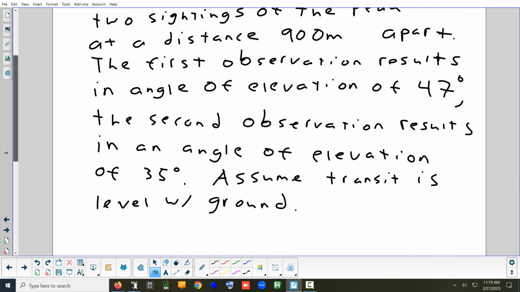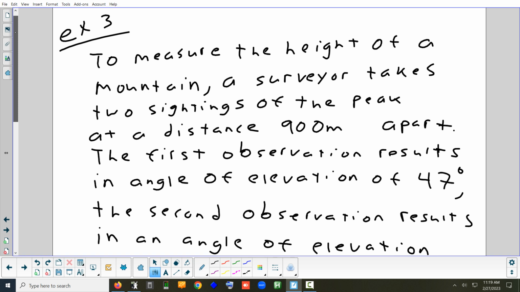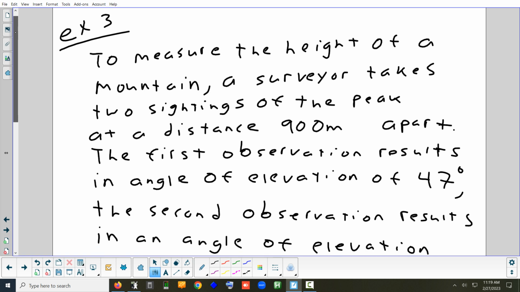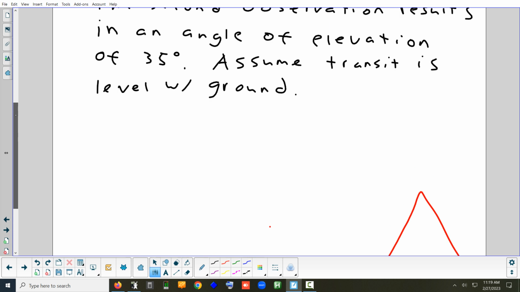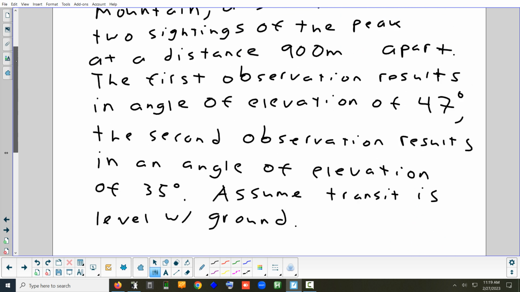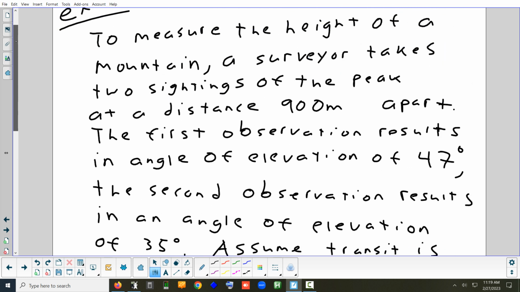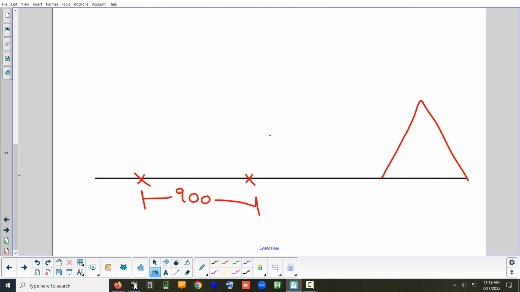Now, remember, let's write down what the goal is. The goal here is we're trying to measure the height of the mountain, in case I didn't spell that out. I didn't really ask at the end of the question, but the goal is to find the height of the mountain. So remember, the height of the mountain is this. That's the height of the mountain, not the side you would hike up.